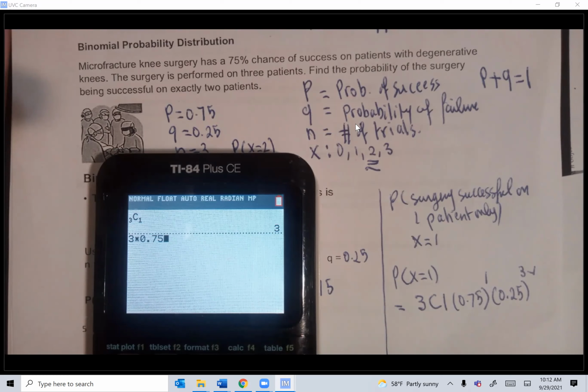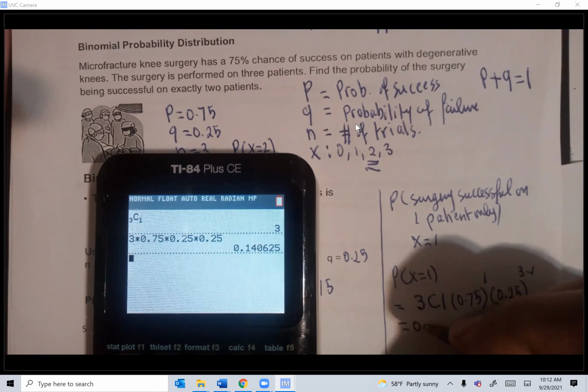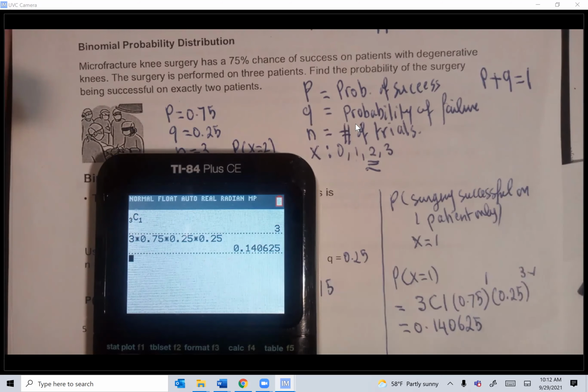It's 0.75 times 0.25 raised to the power of 3 minus 1, which is 2. If you want, guys, you can do 0.25 times 0.25. And that gives 0.1406. And that's the probability of the surgery being successful on exactly 1 patient.